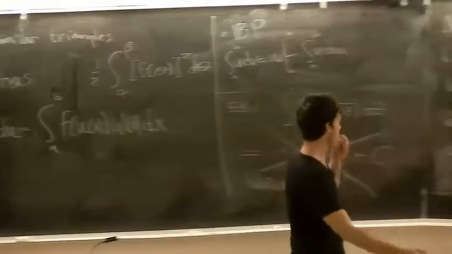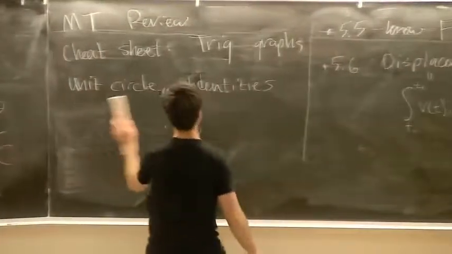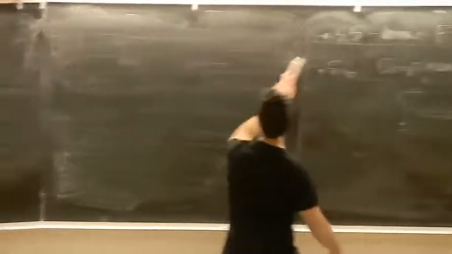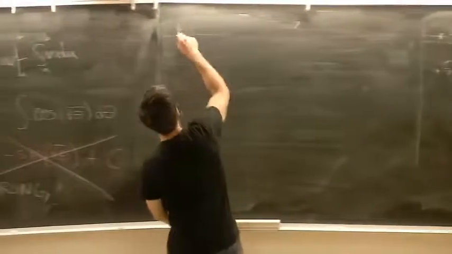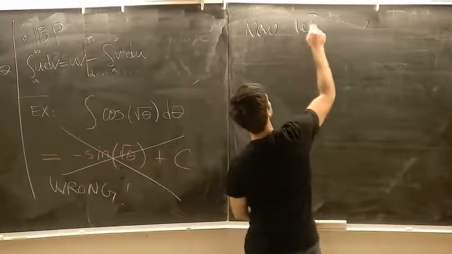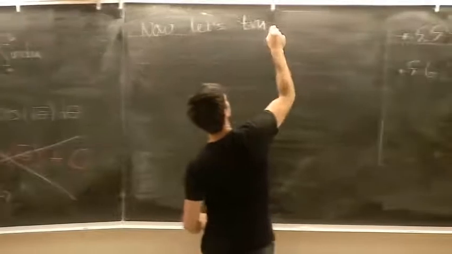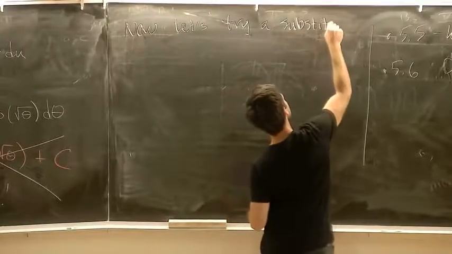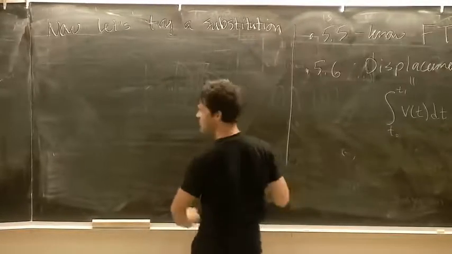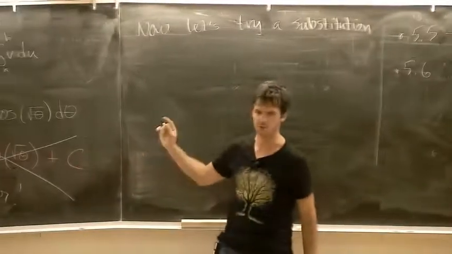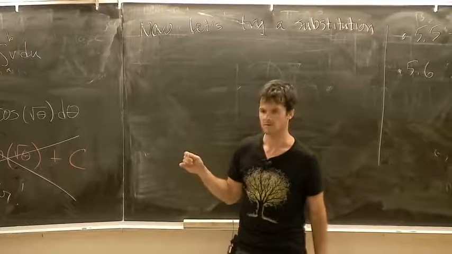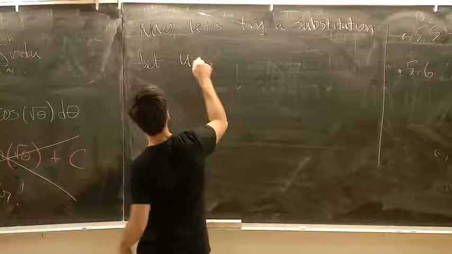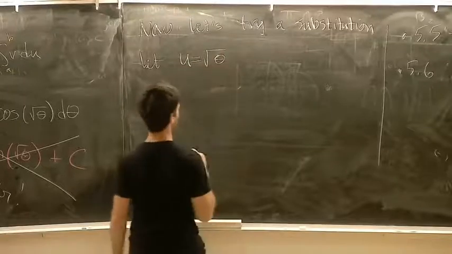So next, we start trying some of these tricks, and I said the first trick to try is u substitution. There's one obvious substitution to do here: root theta. So let's let u equal root theta.